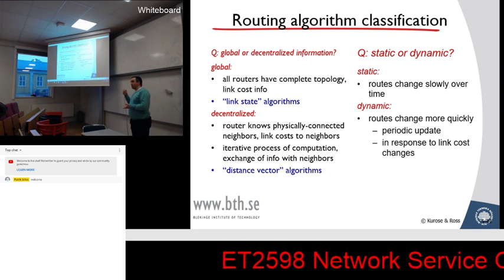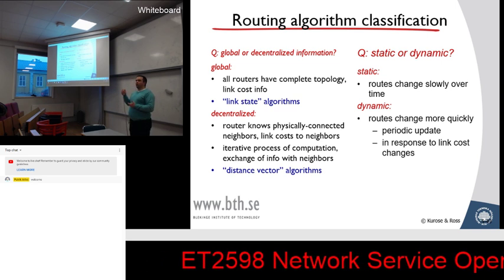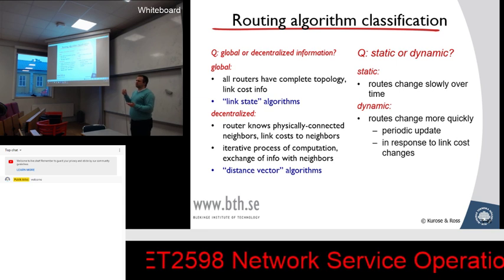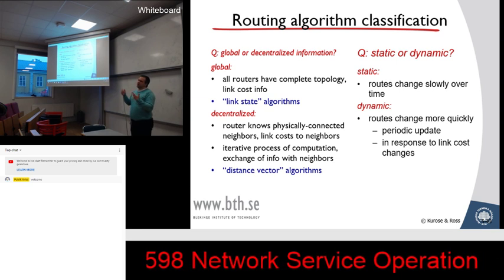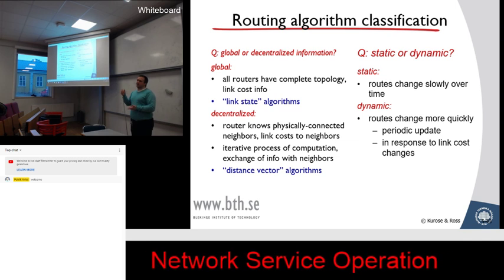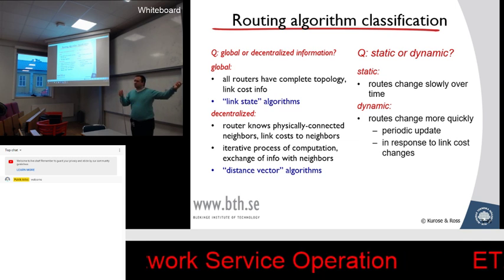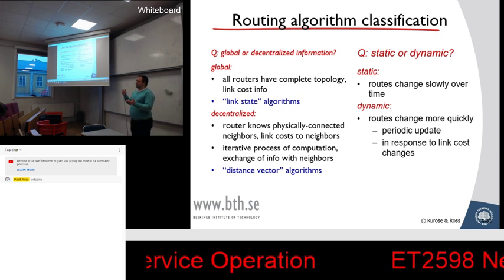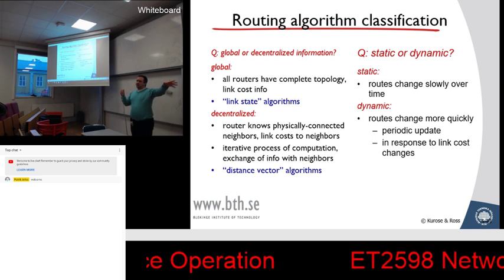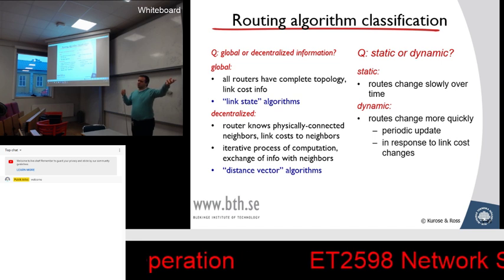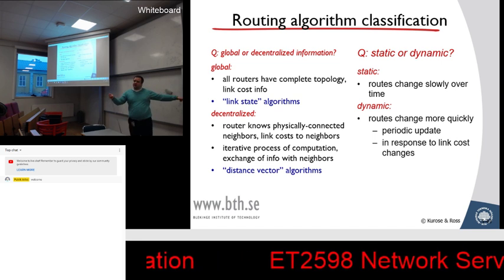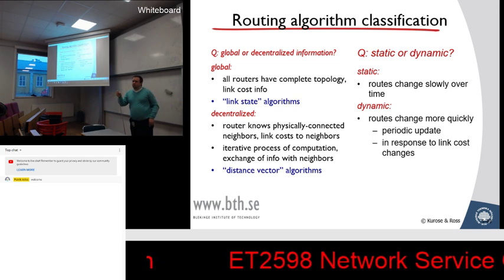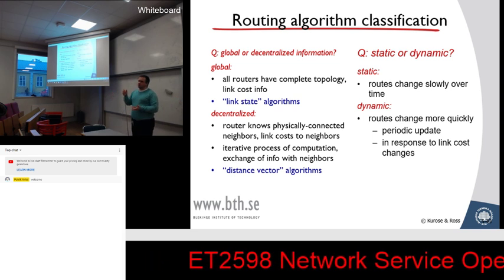The latter one is more, I'm not going to say resilient. Well, it is resilient in the sense that it doesn't depend on some central entity, and if this guy disappears or is destroyed, it can still hopefully find different paths. Drawback, it will take more time.